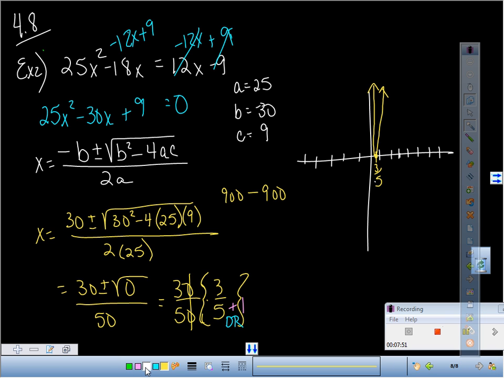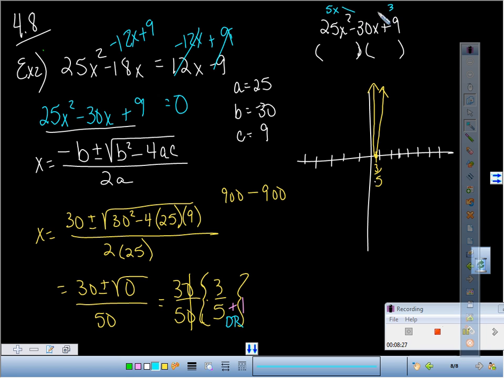Hey, I wonder if you could factor this thing. 25x squared minus 30x plus 9. I wonder if that would factor. You think it will? Probably. You know, 5, 5, 3, 3... Oh, so y'all are looking to see if it's special, right? So this is the perfect square of what? 5. So that's 5x. This is the perfect square of what? 3.